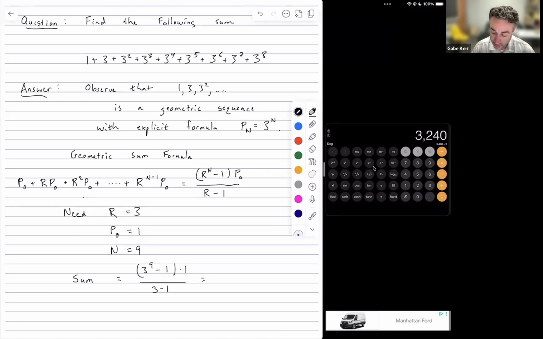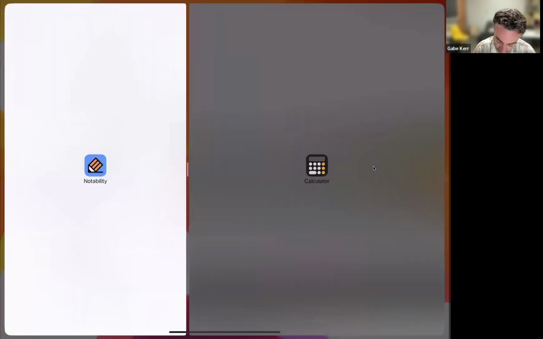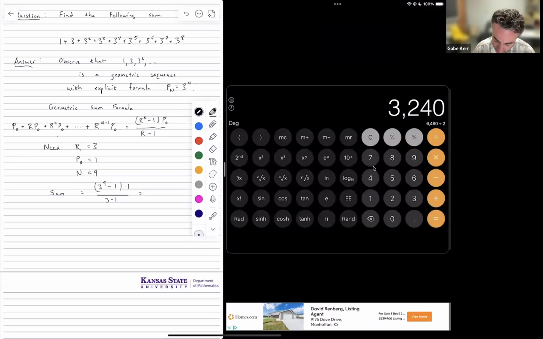So I switched calculators, and that way I can get 3 to the 9th. Now let's go over and take a look. I'm going to clear this, and I will use the 3, and then this x to the y is what I'm going to use here, and then I'll put 9 in here, and I will get this value for 3 to the 9th.